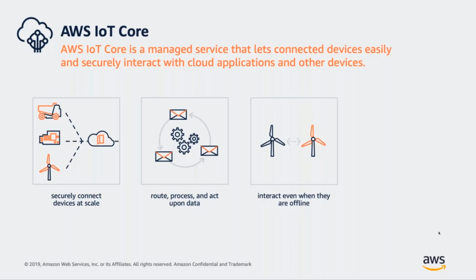In addition to this, AWS IoT also provides you a paradigm that allows you to communicate with the cloud in an unreliable connection scenario also.